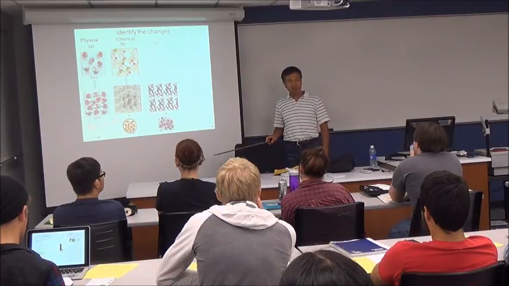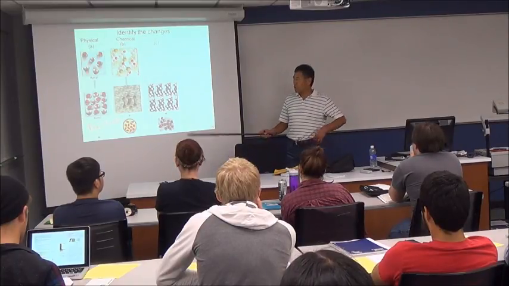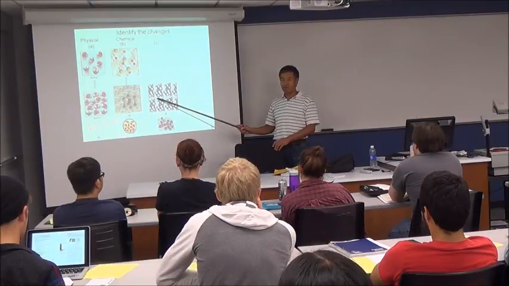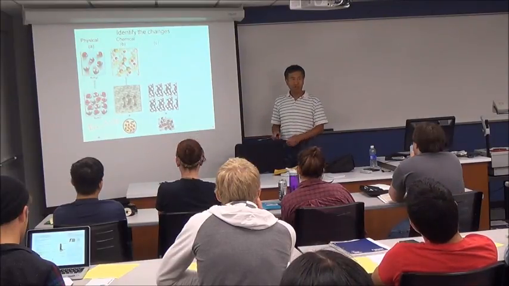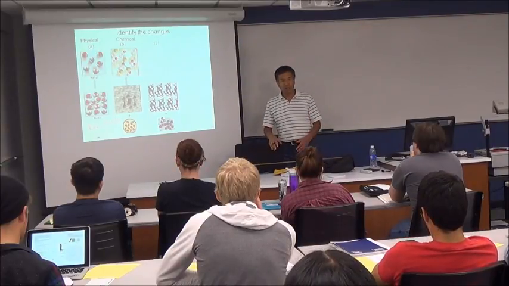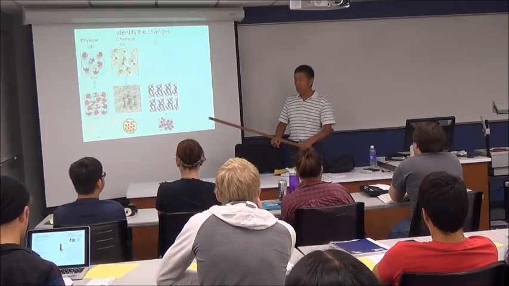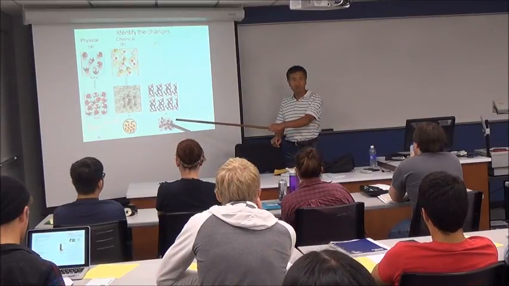A solid, and one particular solid. What would we call this particular solid? Sugar is a carbohydrate. What solid is this? Remember we have the amorphous solid, which means it has no ordered structure. This one is a crystal.